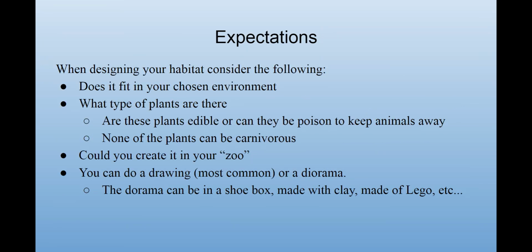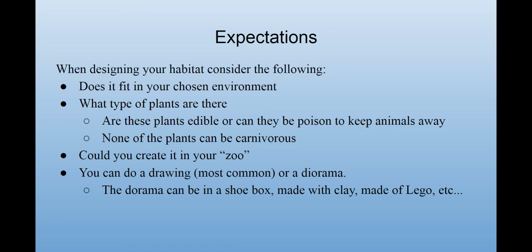Expectations. When you're designing this habitat, make sure that it fits in the environment. So if you choose the desert planet, you're not going to put a lake, okay? If you choose the cold, dark planet, you're probably not going to put a whole lot of plants that need a whole lot of sunlight. Think about the types of plants. Are the plants edible, meaning can they be eaten?